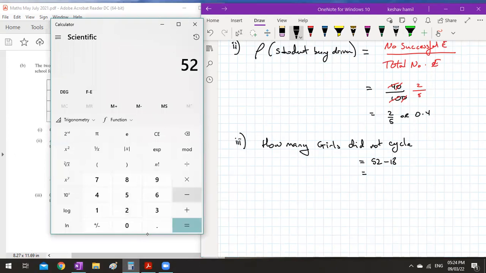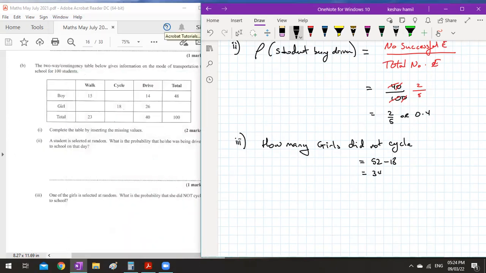So 52 minus 18 is 34. The probability of did not cycle is the number of girls who didn't cycle, 34.